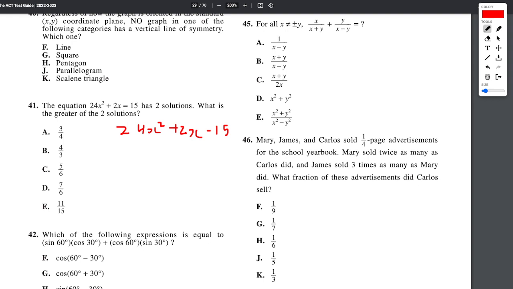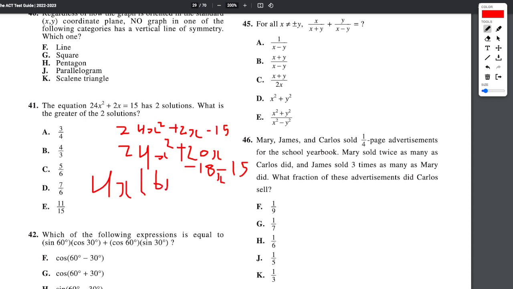I think if you get on to 18 or negative 20, you'll find it. 24x squared plus 20x minus 18x minus 15. Sorry, I should have 18x. Then you could bring these together. So this highest common factor would be 4x. 4x times 6x plus 5.